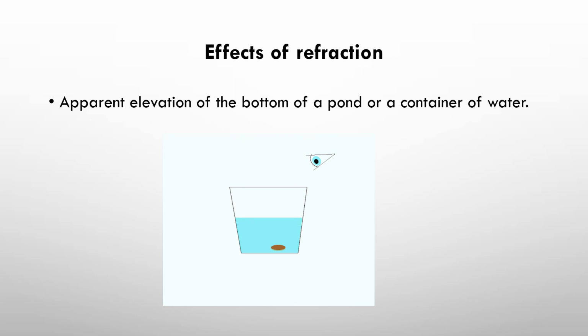If you observe the position of a coin placed inside a glass of water, you will be able to see that it is in a somewhat higher position than the original position because of the process of refraction. So this process is called the apparent elevation.